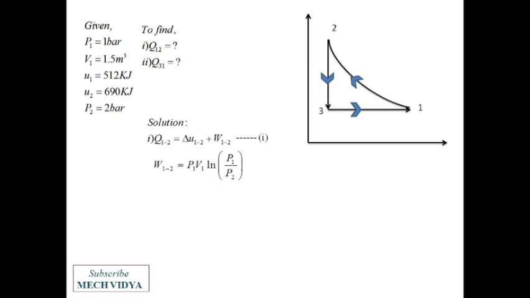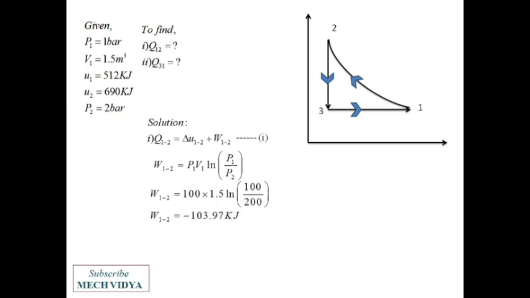We have already derived this relation in one of the previous videos, so in this video we just plug in the values. P1, V1 and P2 are given. Just put the values and the work done will come as minus 103.97 kilojoule.